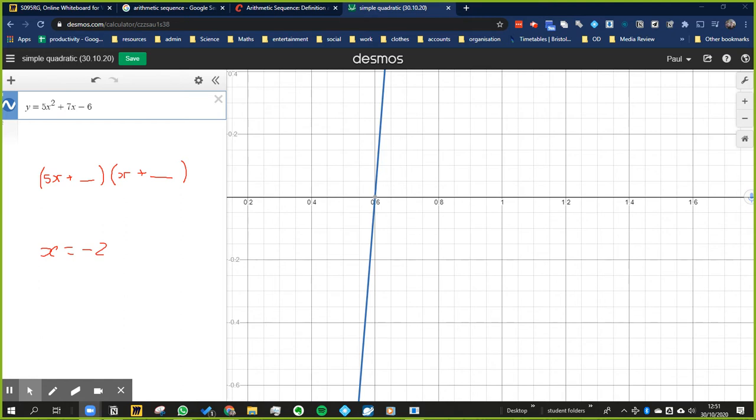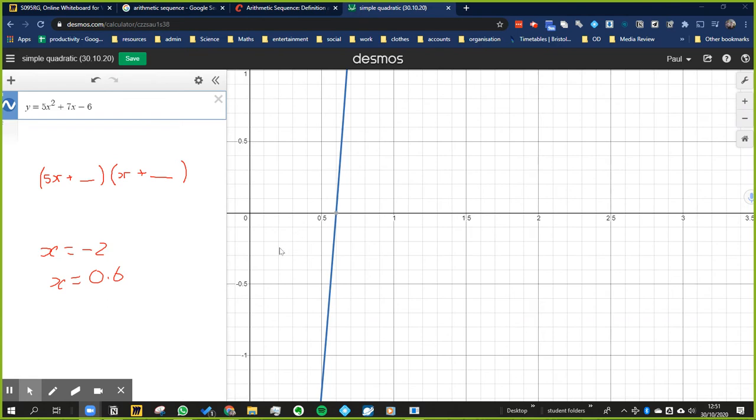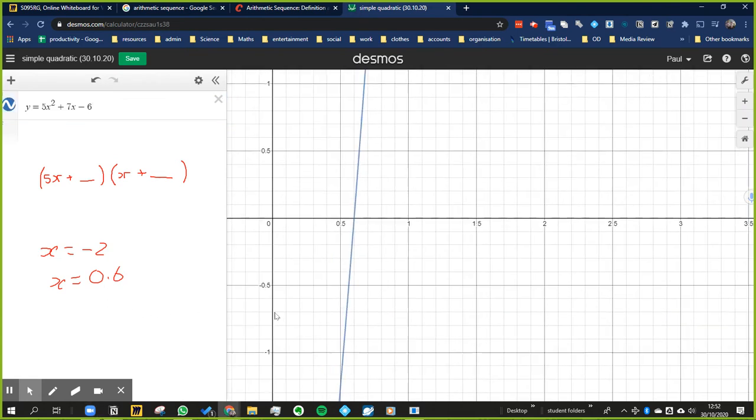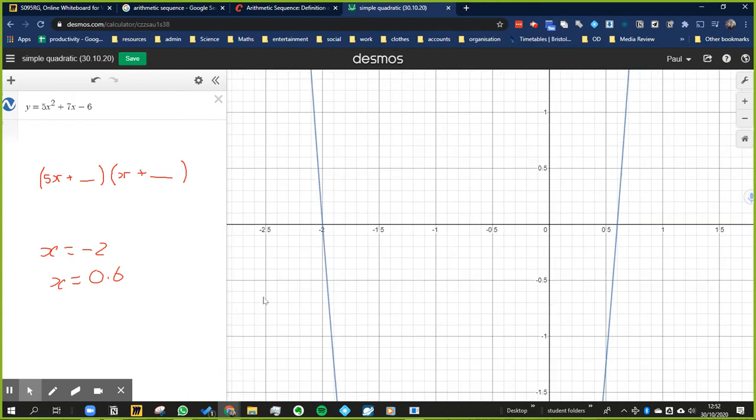So x is 0.6. Now, presumably that's the value that is going to be over here, because you're going to multiply that by 5. I'll explain why in a moment. Well, maybe I can explain why now.